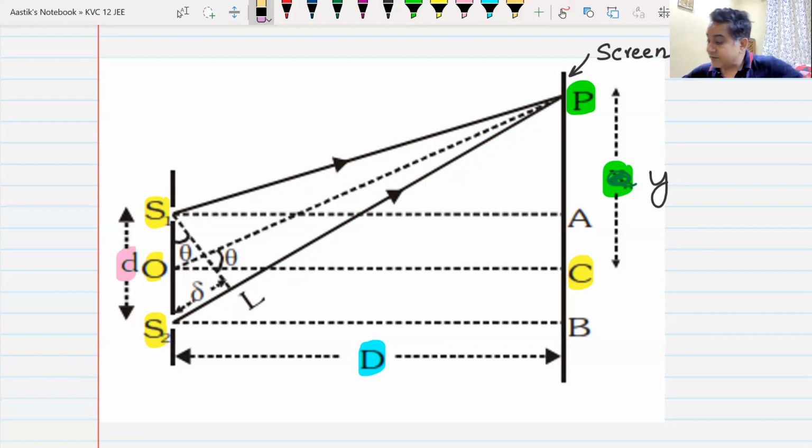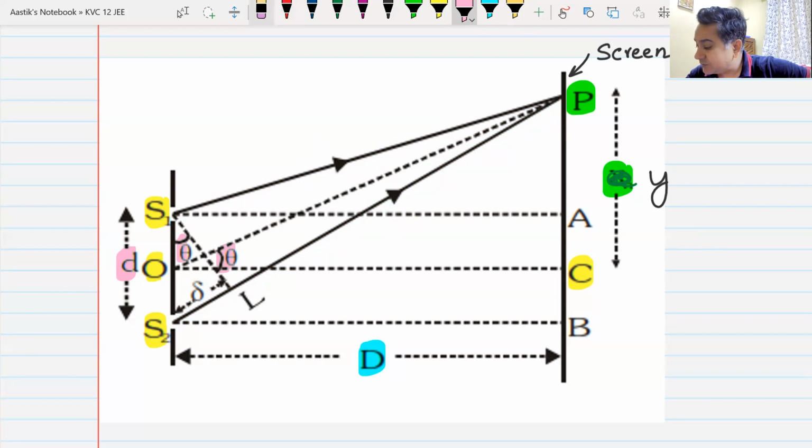Now, what I have done here is you can see these two angles. This angle is theta and this angle is also theta. Both the angles are the same, because this distance D is very, very large. So you can say that both of these angles are going to be the same. How have I got this angle to be the same?